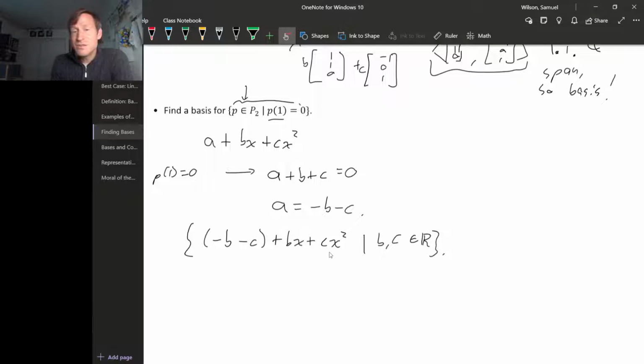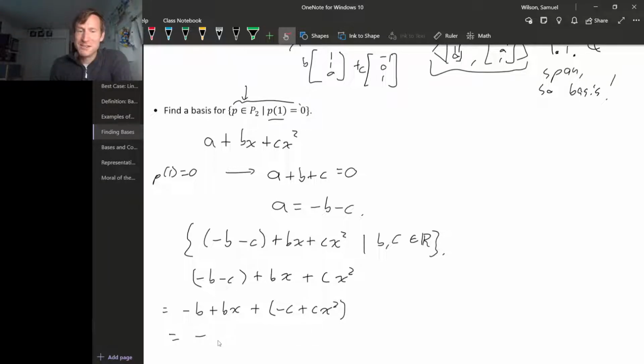All right. Well, to see what polynomials we need to cover all of these, we can play our usual game of trying to separate all of these terms based on what free variable shows up. So we have the terms with b's, so there's minus b plus bx, and then there are the terms with c's, so there's minus c plus cx squared. Okay, but now we can factor out the free variables.